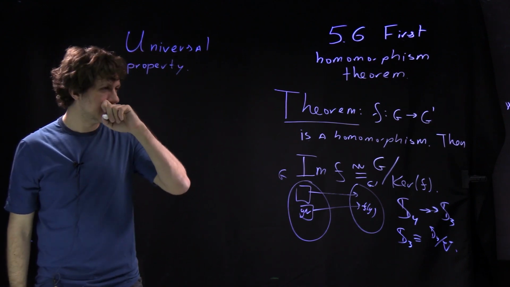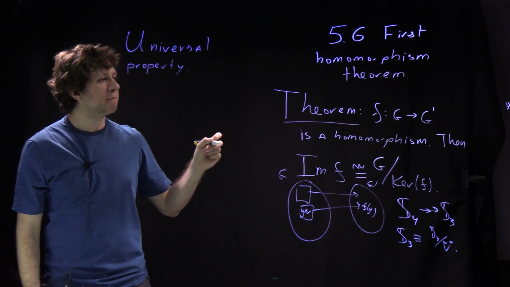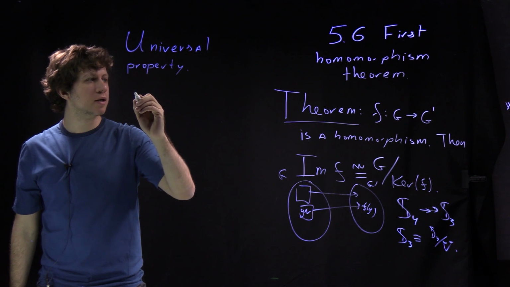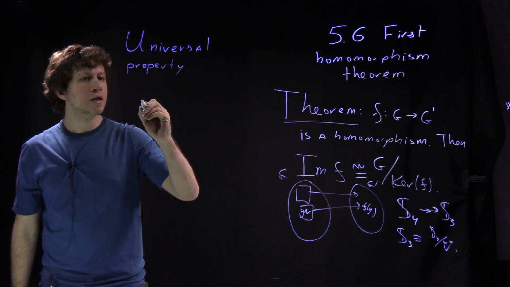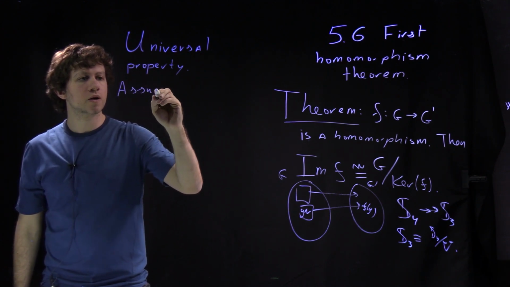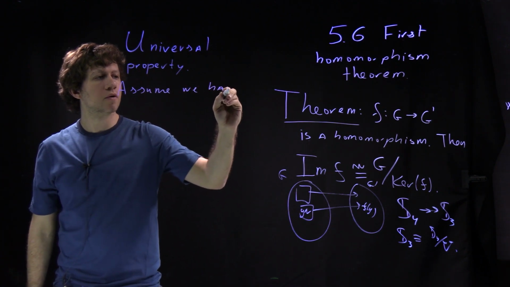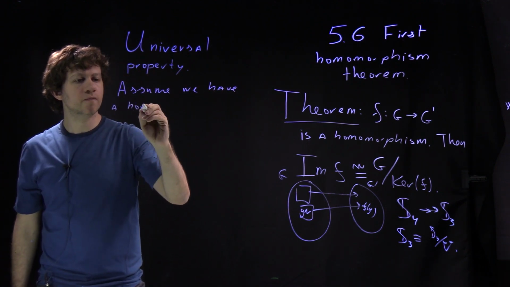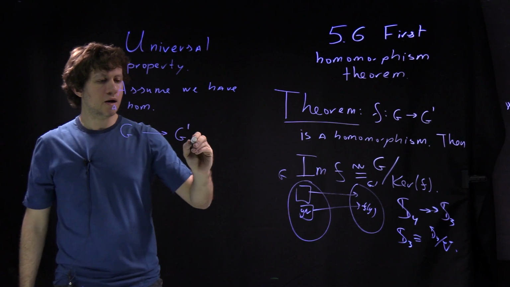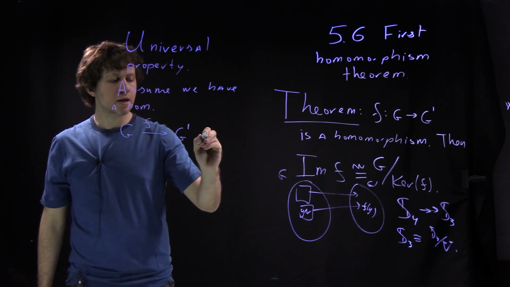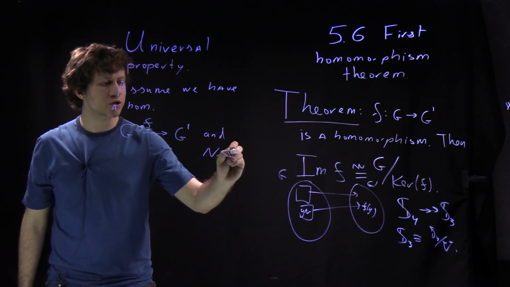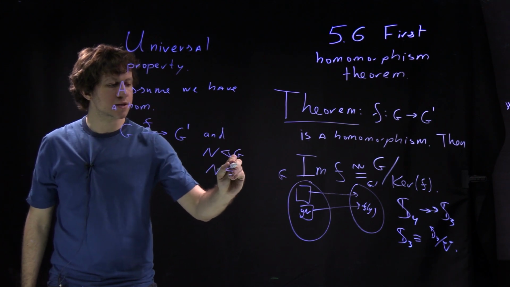It's an obvious statement, but maybe it takes a little bit of time to understand why I even want to talk about it. So this universal property says the following. Assume we have a homomorphism from G to G prime, which I will denote by F, and N is a normal subgroup in G contained in the kernel.